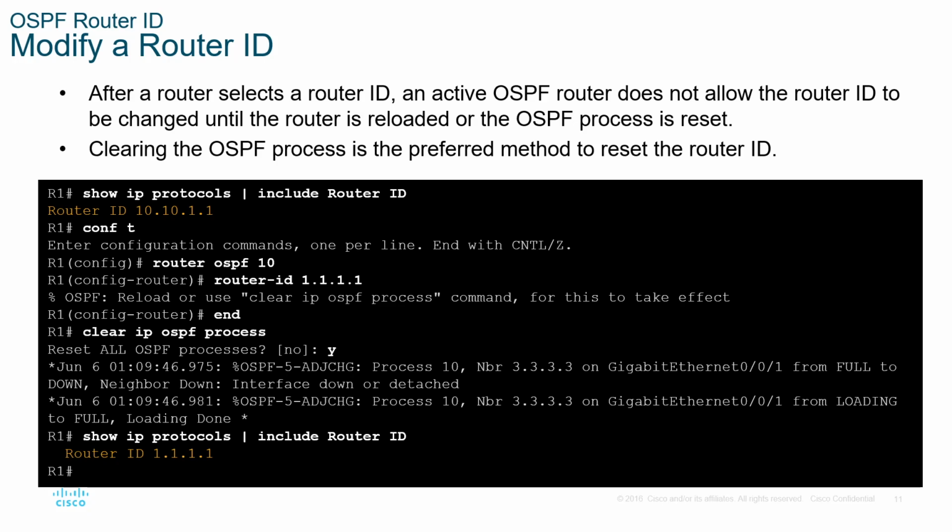And we do that by executing the command clear IP OSPF process. That is basically going to clear every communication that they had established with the other routers, and it will refresh the OSPF communication so that they will start communicating again. And then they will know you have a new router ID.